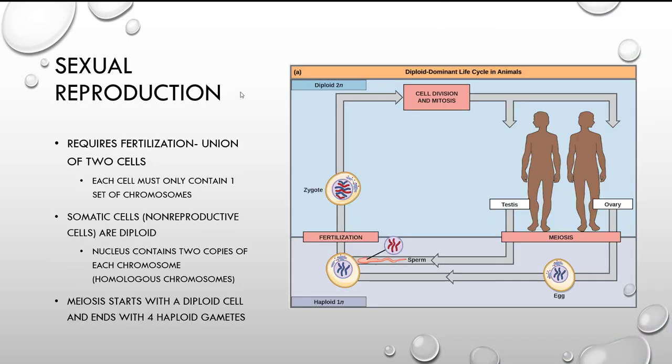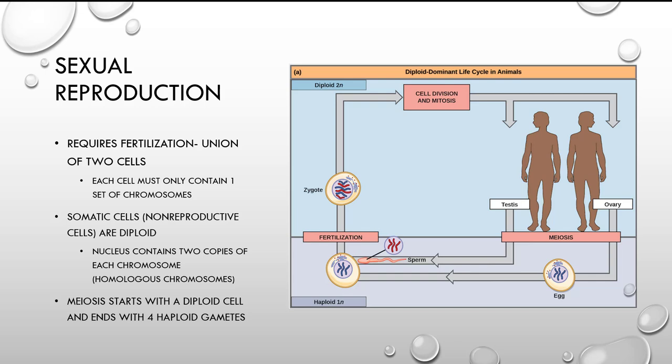So just to review, we already know that sexual reproduction requires fertilization. So we are taking the DNA of 2 separate genetic sources, right? It's the union of 2 cells.